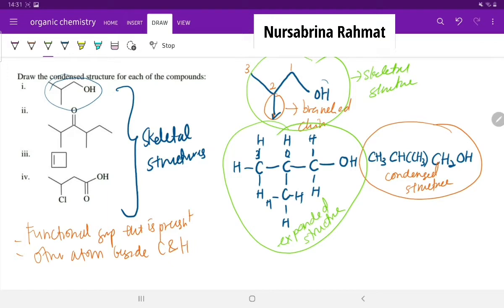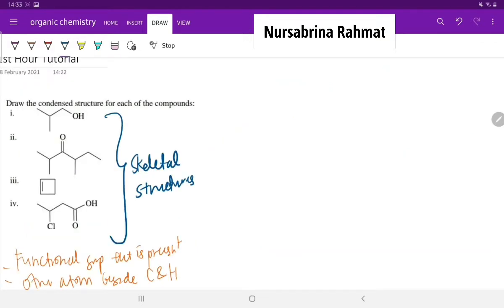Let's look at the second compound. In compound 2, we have 6 carbons that make up the backbone, with 2 side chains at carbon number 2 and carbon number 4. We have a special functional group, which is C double bond O, at the third carbon. So how do we write down the condensed structure for this compound?